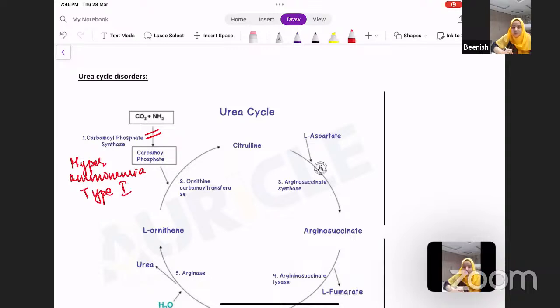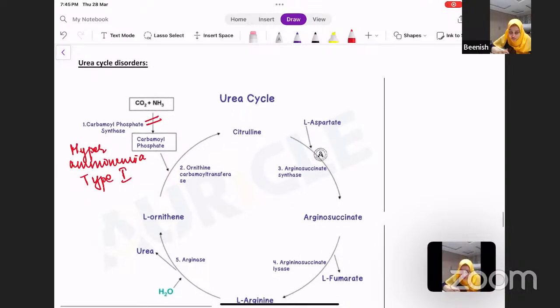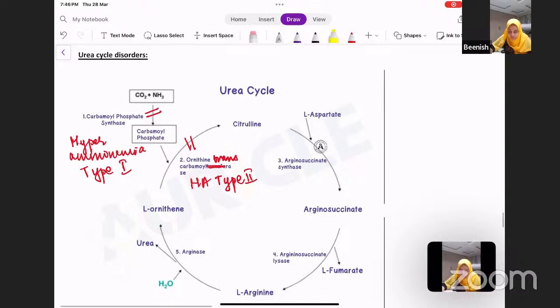That means there has to be a type 2 as well. So your type 2 is caused when the block is at this level, that is ornithine transcarbamylase. When the block is here at this level, what is being caused? Hyperammonemia type 2.